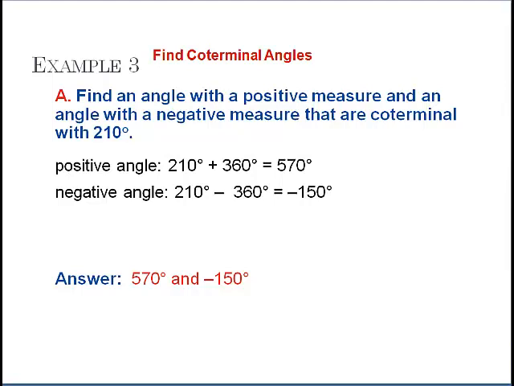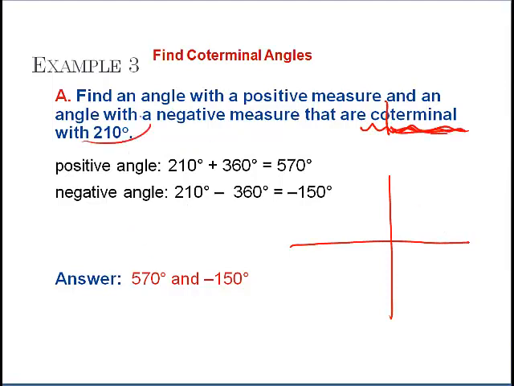The next type of problem is going to ask to find a coterminal angle. This is a lot simpler than it actually sounds. A coterminal angle, if you break up the word co and terminal, we want to look at an actual angle on the terminal side.